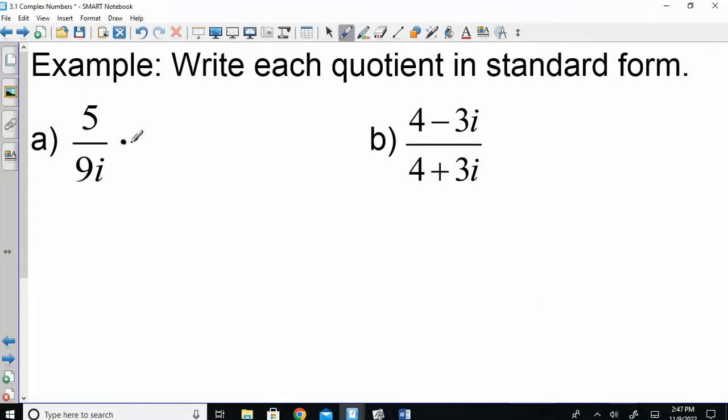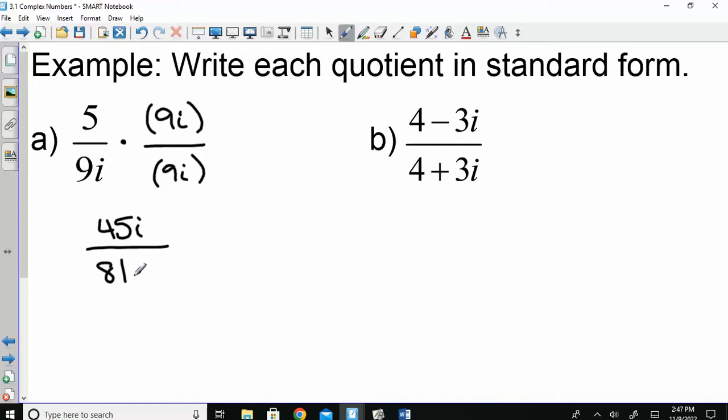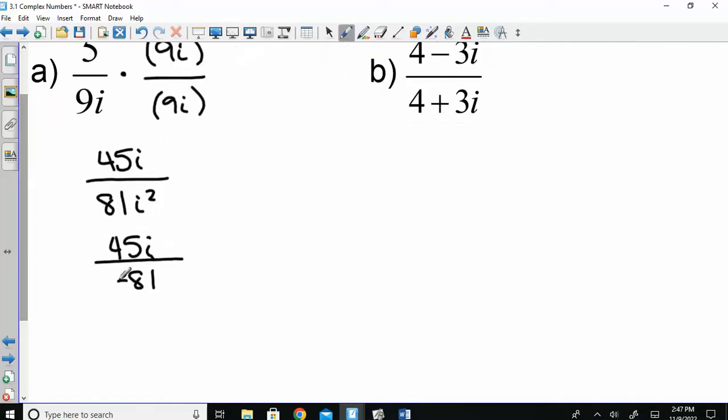So I saw 2 different approaches on A. Most of you multiplied by 9i, so you got 45i over 81i squared. So that's negative 81, and when you reduce, 45 over 81 reduces to 5 over 9.